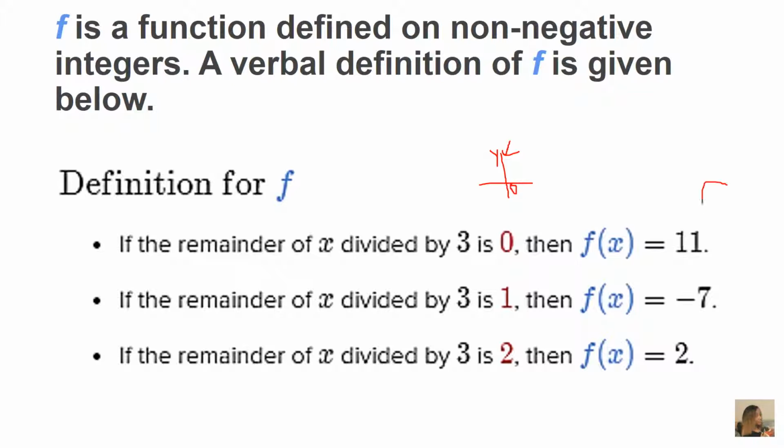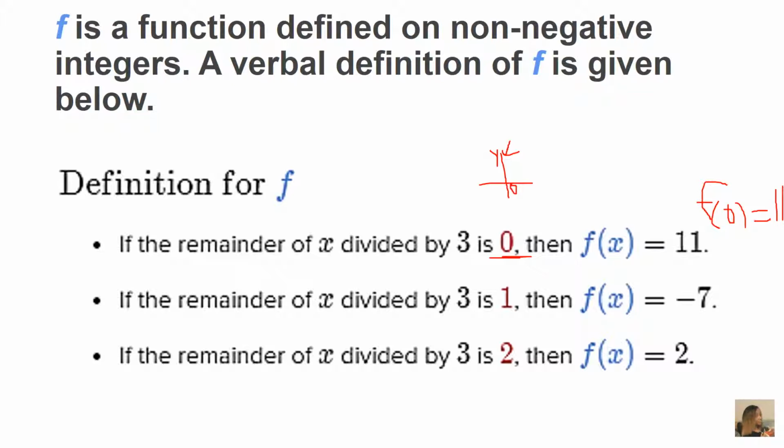So f of 0, based on the parameters that are described to us in these defining terms, equals 11. Because we see here the remainder of x divided by 3 is 0. That's just another way of saying f of 0 equals 11.